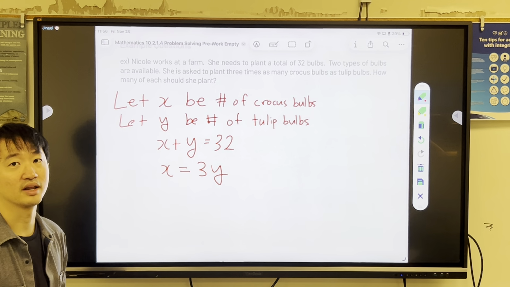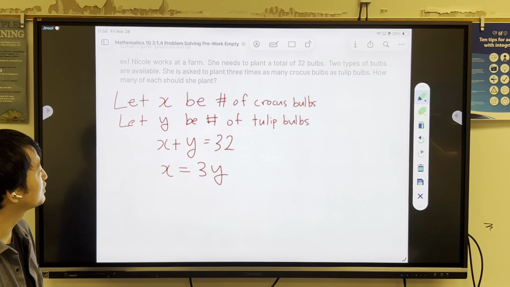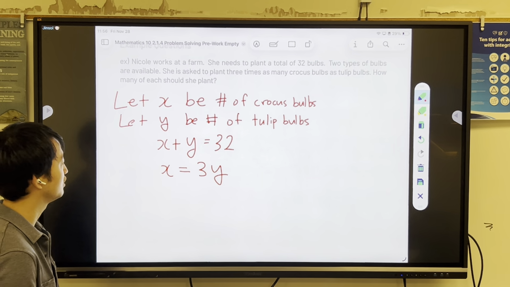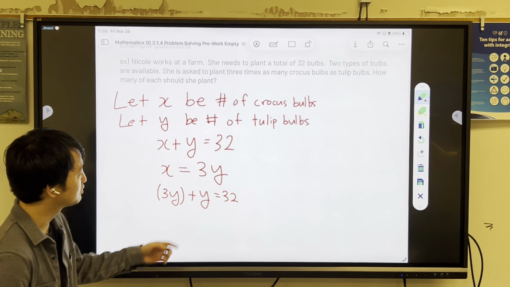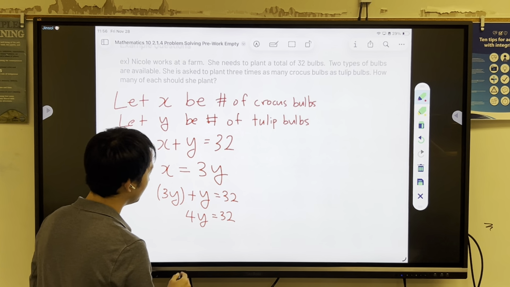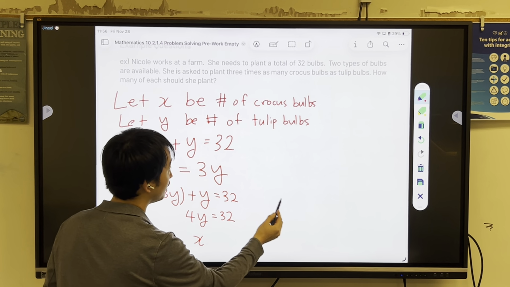Now, let's solve them. This is a perfect example of a system of linear equations, and I think I can solve this easily using substitution. I'm going to substitute the x in the first equation by 3y. Make sure you put a bracket around the substituted expression; in this case, there's no need for a bracket. 3y plus y is 4y, which equals 32.